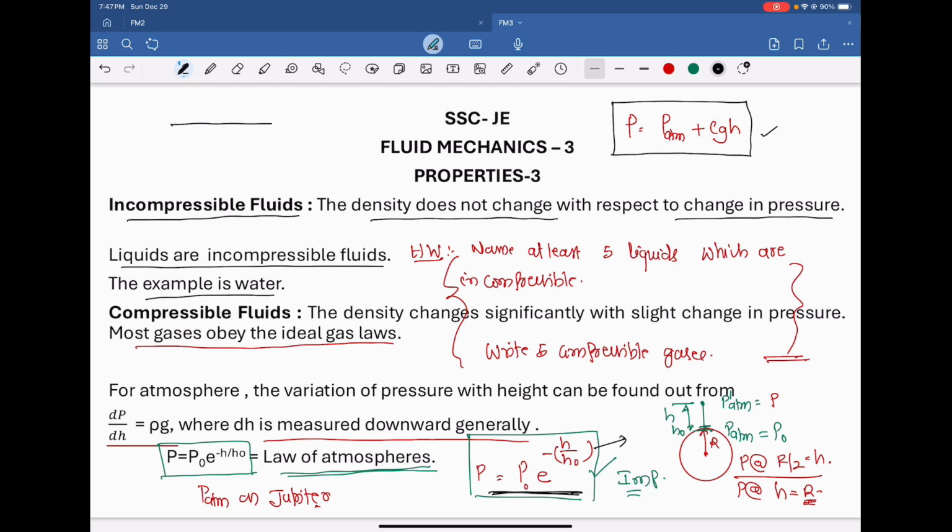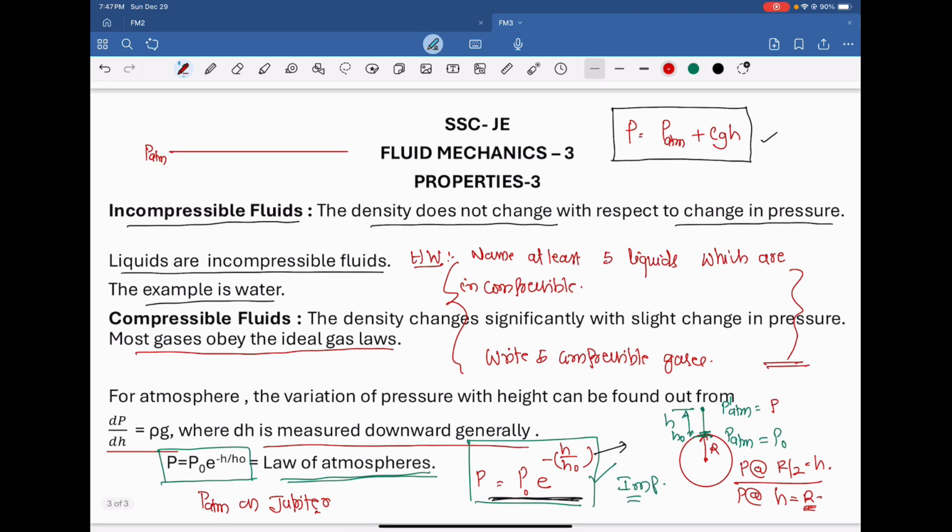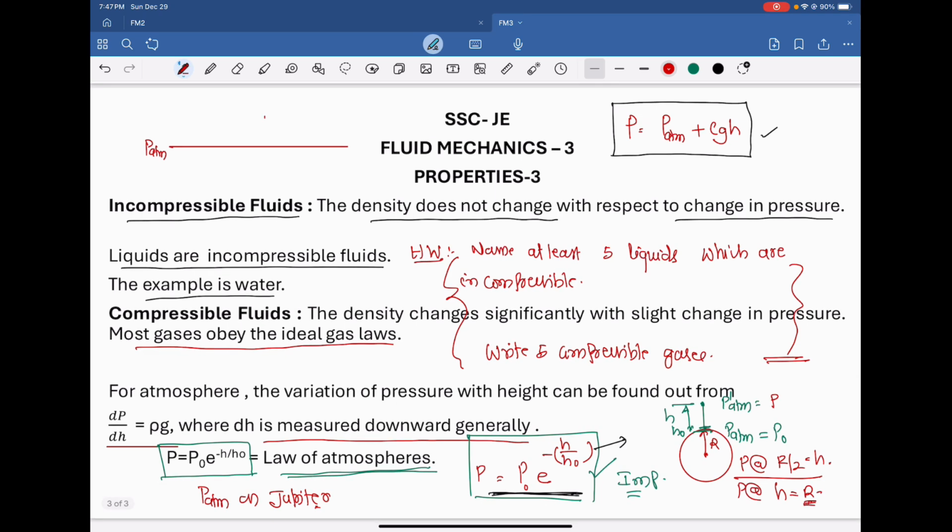That means any kind of question can be asked from this formula. If you remember this formula and understand this concept of pressure and compressible fluids and incompressible fluids and pressure at a point, you will be able to answer the SSC JE direct questions in seconds.